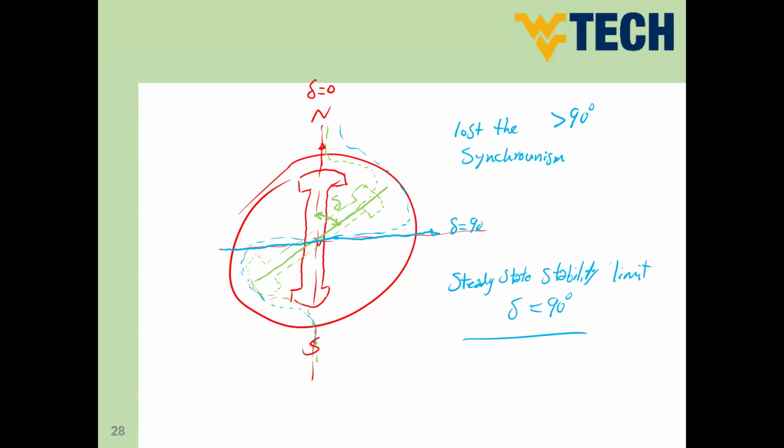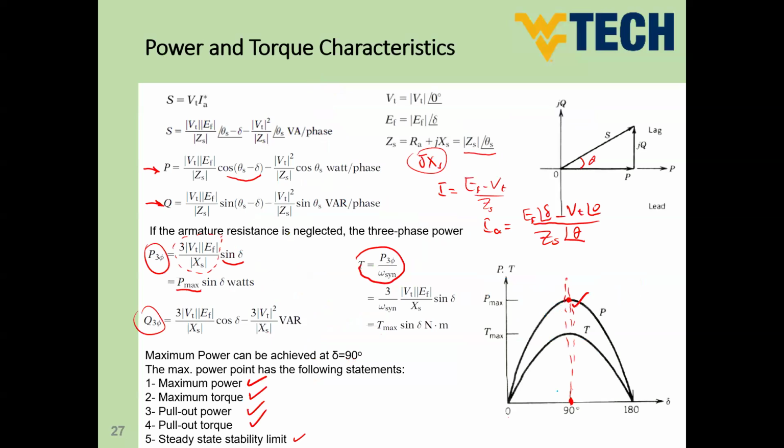We prefer to keep the power angle in an acceptable range, maybe from 30 to 40 degrees at most, not more than that, to avoid overloading our machine and to keep it in synchronism and in the stability region. So if we go back here, this is the stability region of our machine.